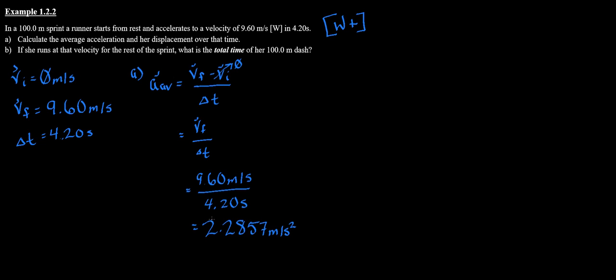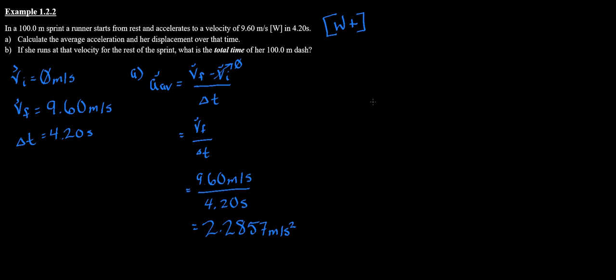If you do, I would recommend that you carry as many decimal places as you can and then round to significant figures in your final answer. I would recommend, however, that you just use the variables that we've been given to start the problem. So we know we have initial velocity, final velocity, and time, and we're looking for the displacement of that object.